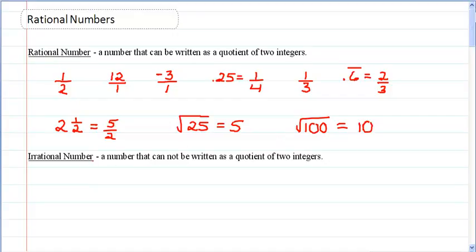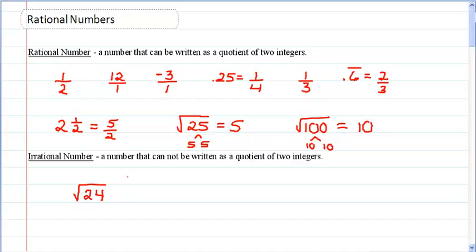An irrational number is defined as a number that cannot be written as a quotient of two integers. An example of an irrational number would be the square root of 24. The square root of 24 does not have a pair of factors that are the same, whereas 25 is the same as 5 times 5, and 100 is the same as 10 times 10.